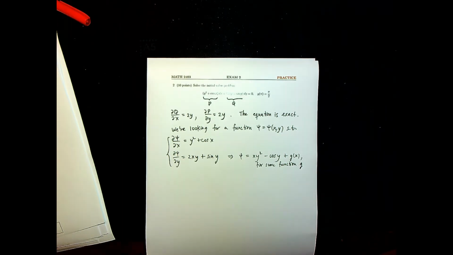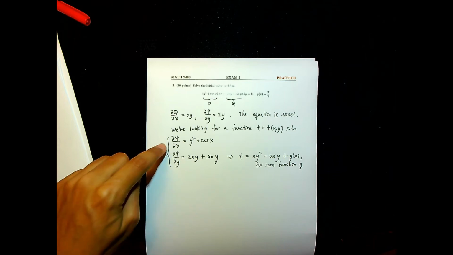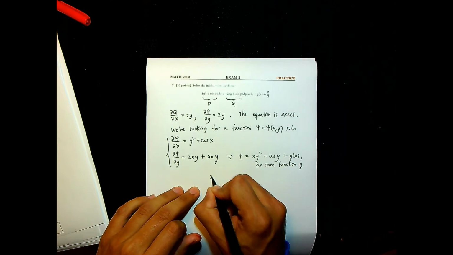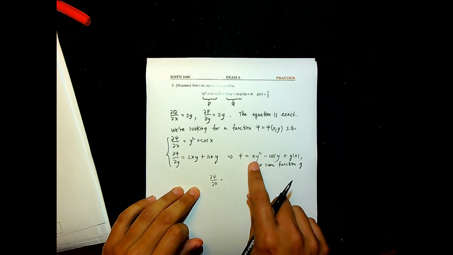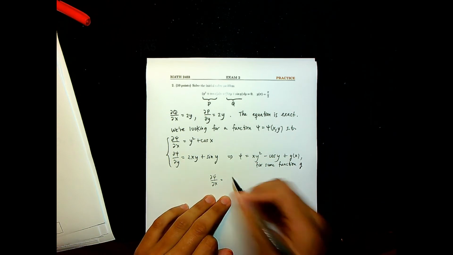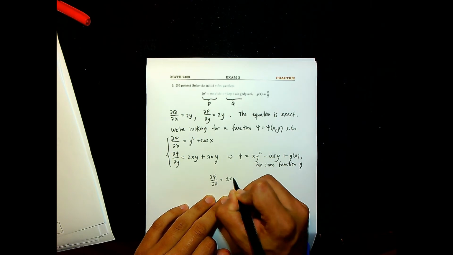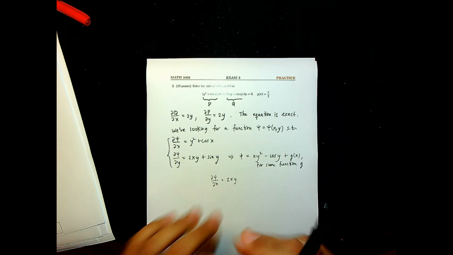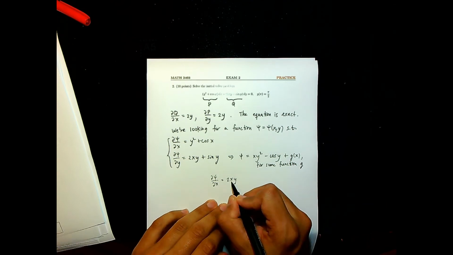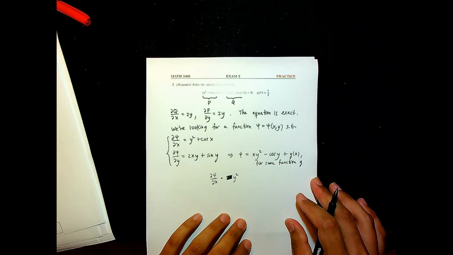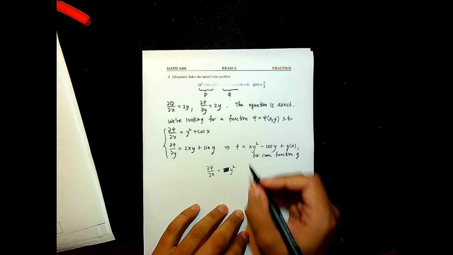Now, we're going to use the other equation. This one we haven't used. So now we're going to take the partial derivative with respect to x on both sides and we're going to compare. So on the one hand, when I take the partial derivative of psi with respect to x using this formula, the derivative of that with respect to x is y squared.